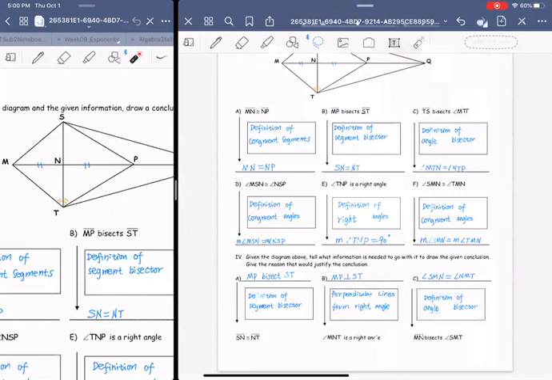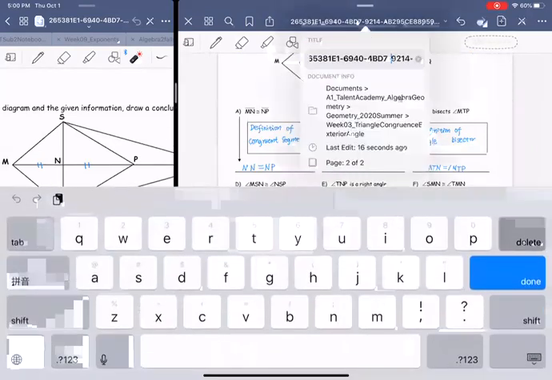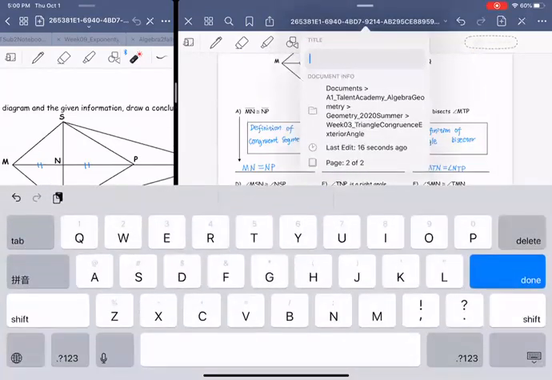Wait, I think there's more. Check your Schoology. Yeah, there's more. I think this one's easier, it's just a fill in the blank. Let me convert one.